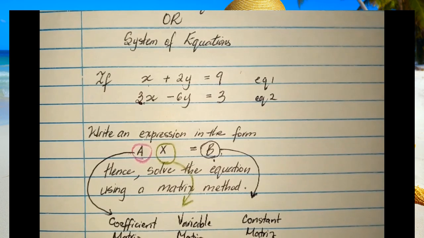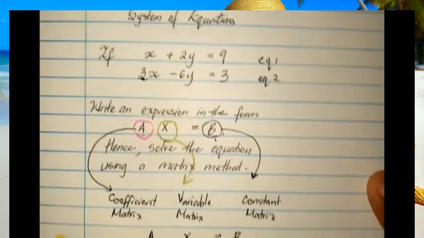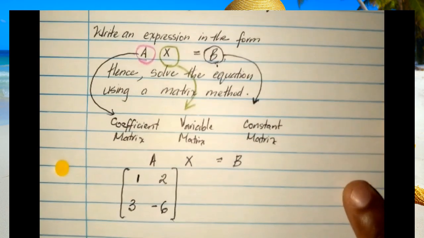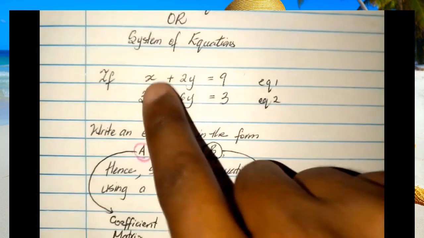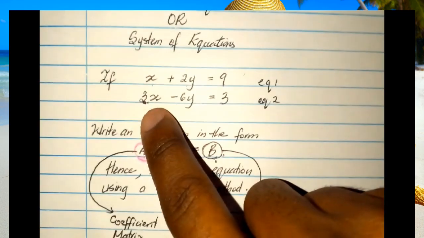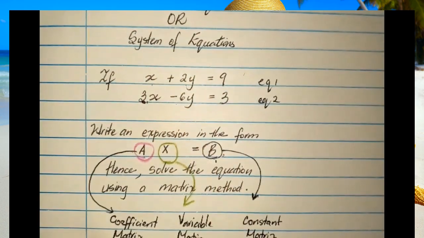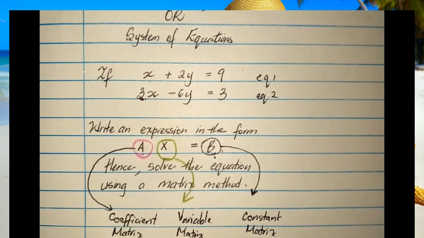If they're not lined up, then you would have to rearrange them so that they're lined up before you write the coefficient matrix. So let's just check. I'm seeing 1, 2, 3, and minus 6, great. So my coefficient matrix is perfect.